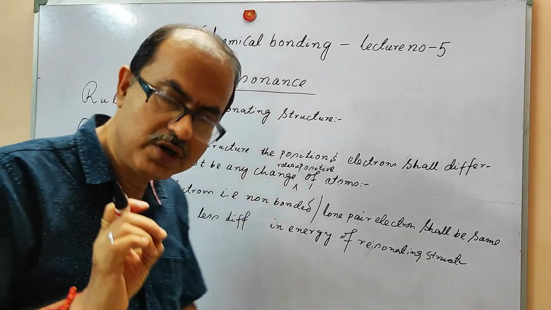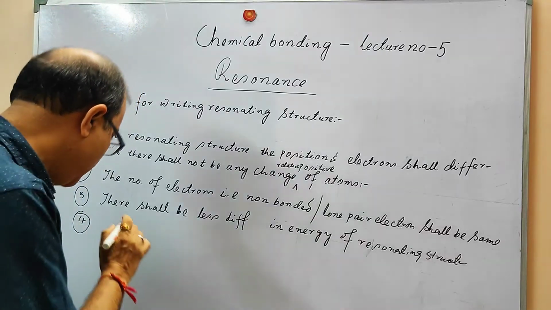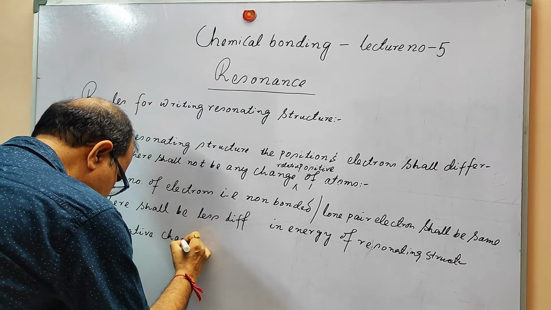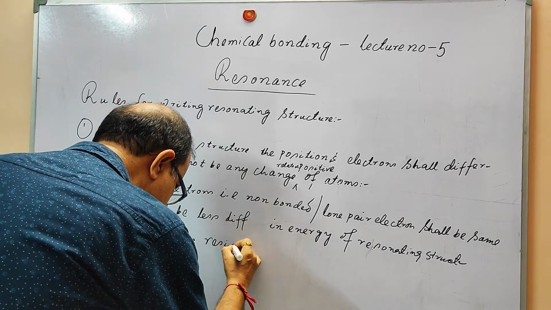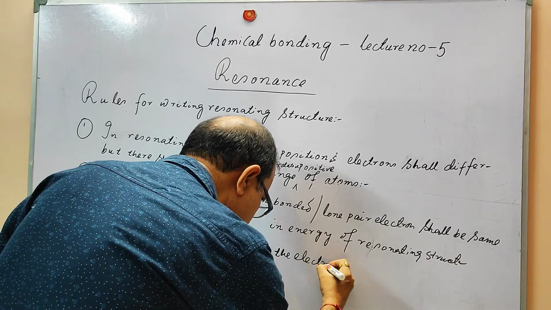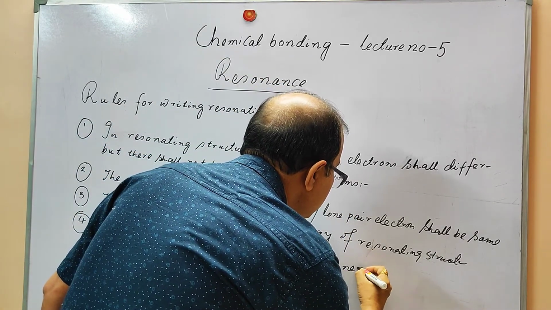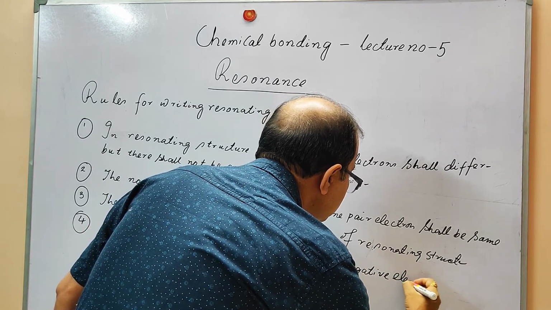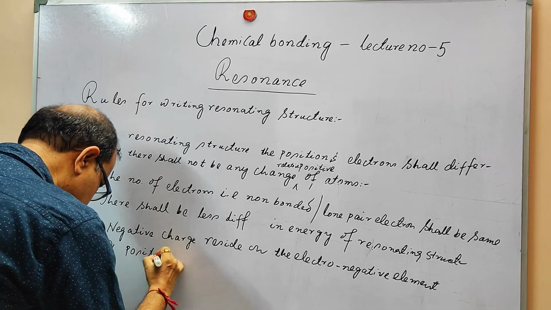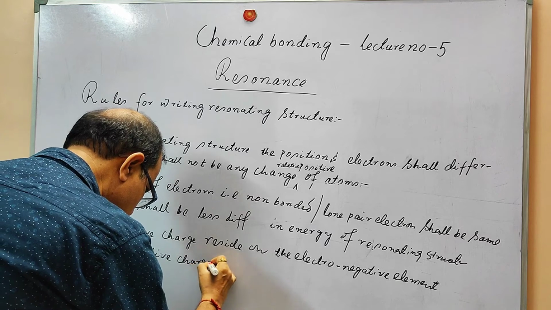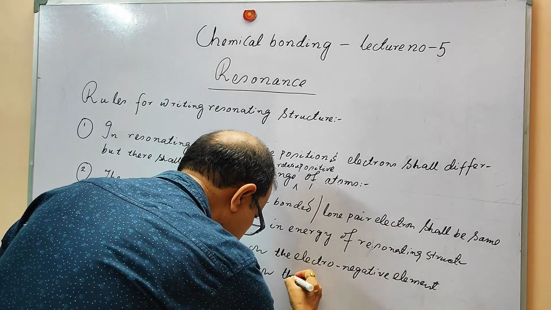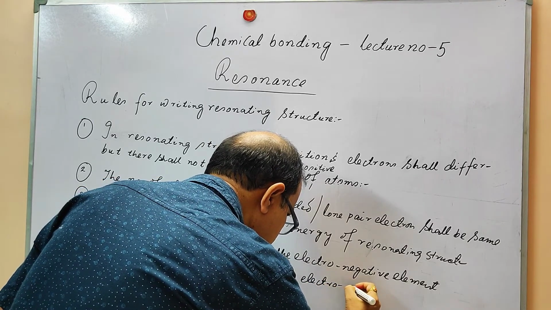That structure will give much more stability which has the negative charge residing on the electronegative element, and the positive charge residing on the electropositive element.